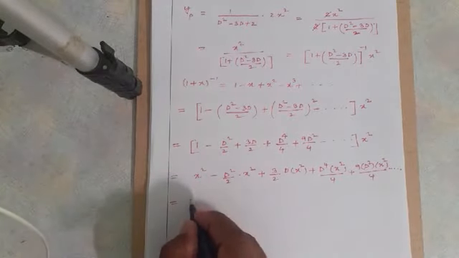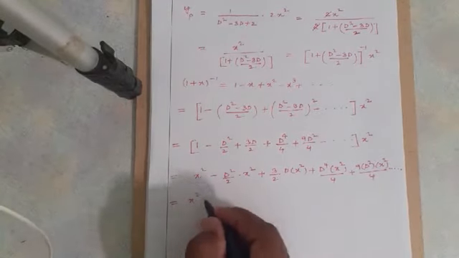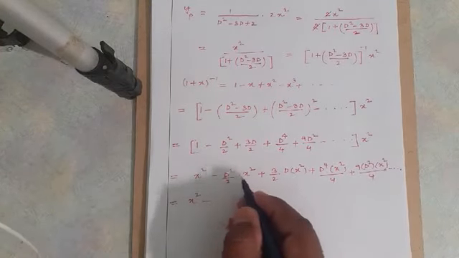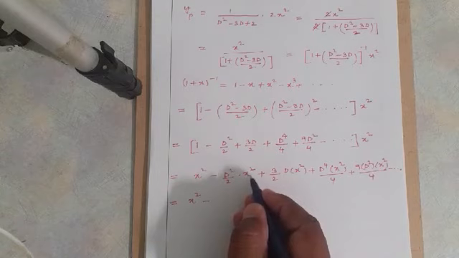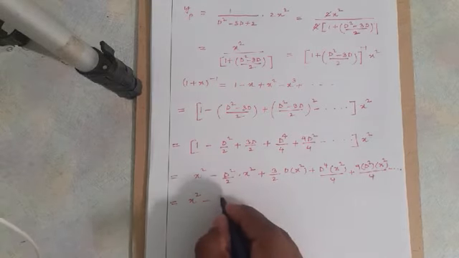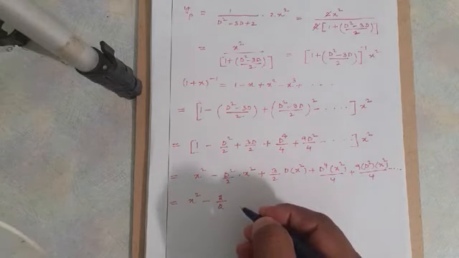So now the next step: when you differentiate x² once, d/dx of x² is 2x. Again if you differentiate, that becomes 2. So we write here 2/2. Is it okay?